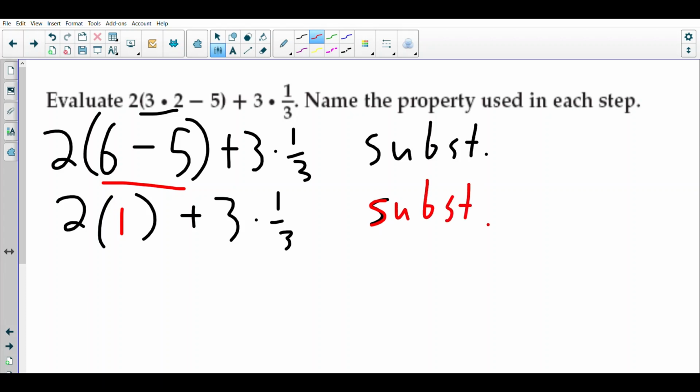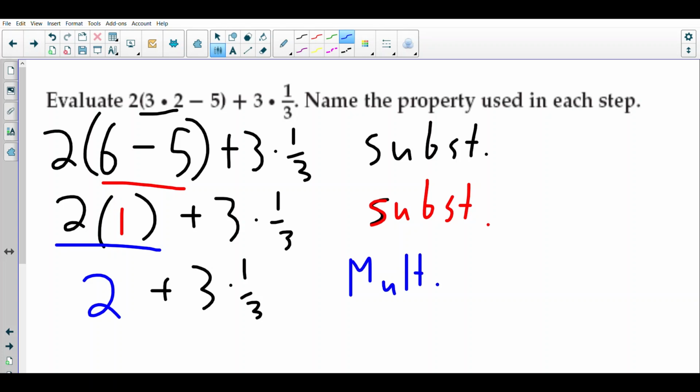Okay, the next one, 2 times 1. Well, multiplying by 1, that just gives us 2. So we have plus 3 times 1/3. So what we did with this one, well, we multiplied by 1, so that would be a multiplicative identity.